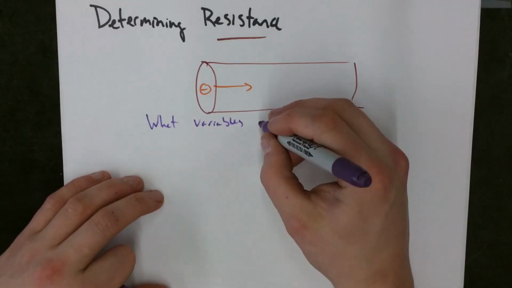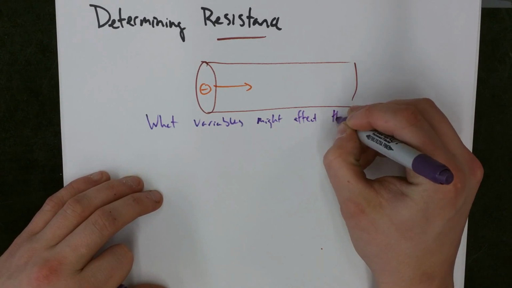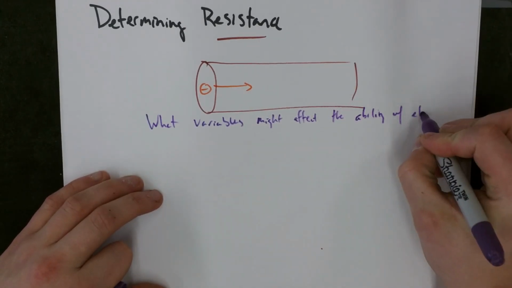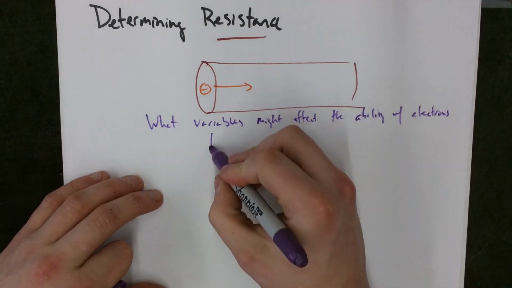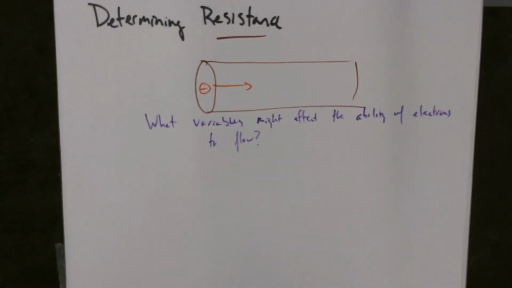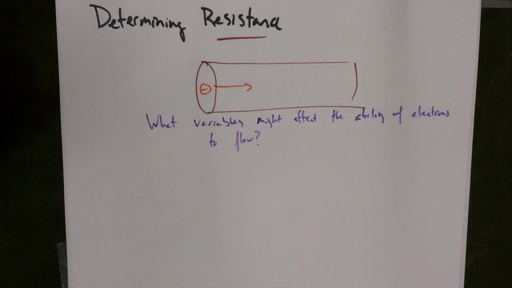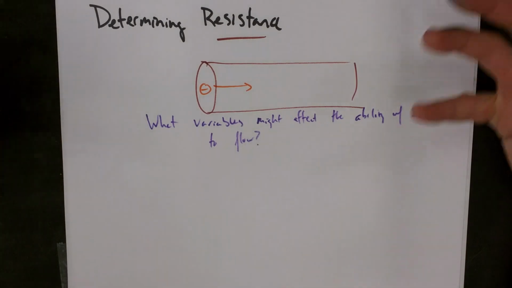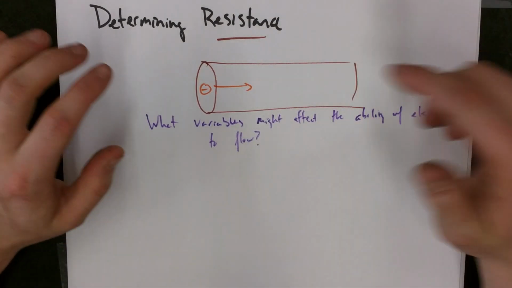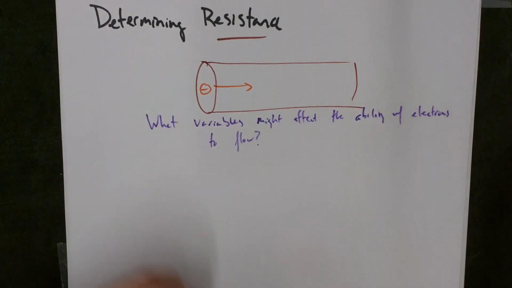So what variables might affect the ability of electrons to flow? Well, I already said in that video that the material itself will determine how readily some electrons will flow. So that's our easy one. Type of material.